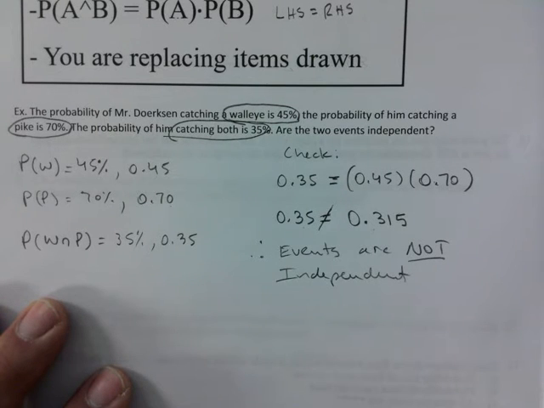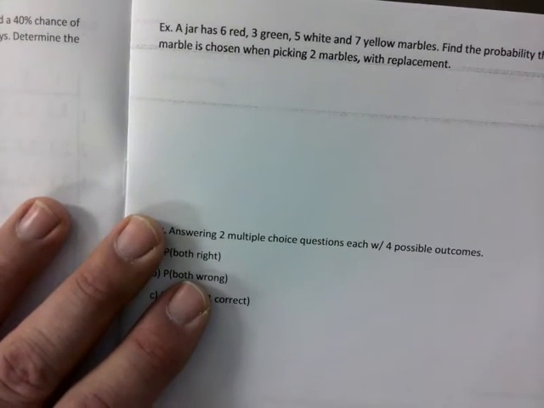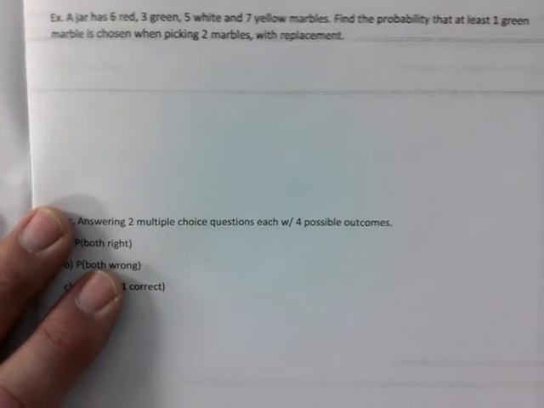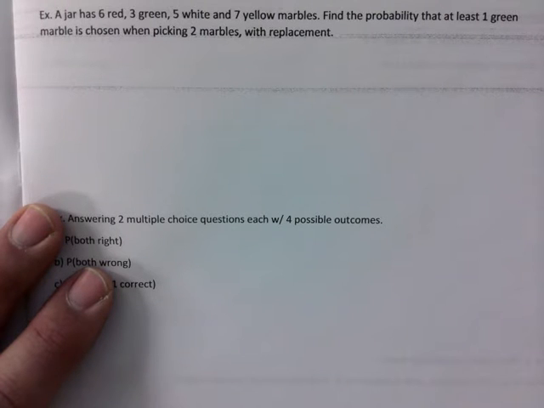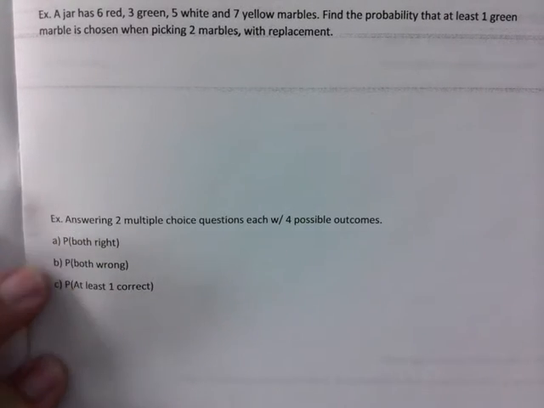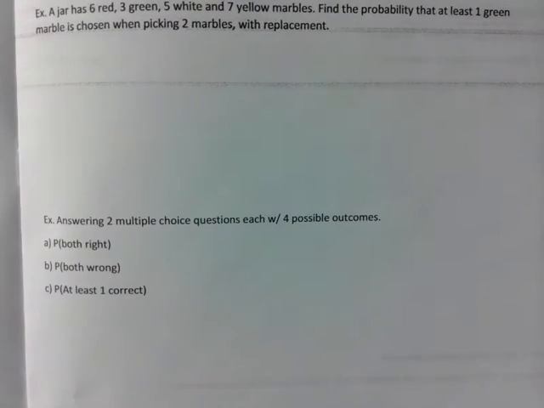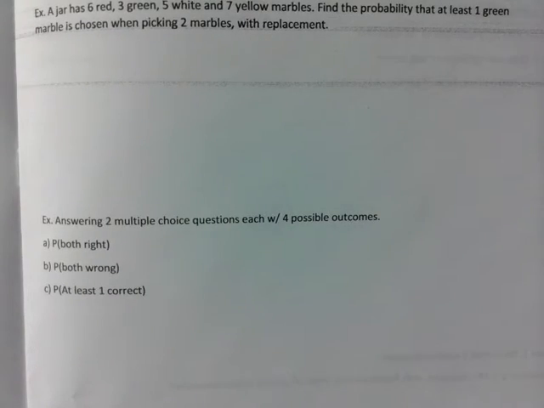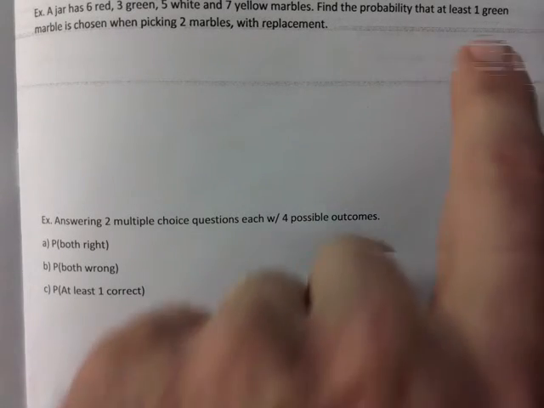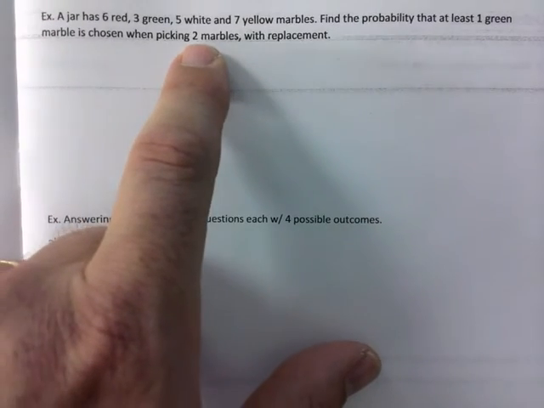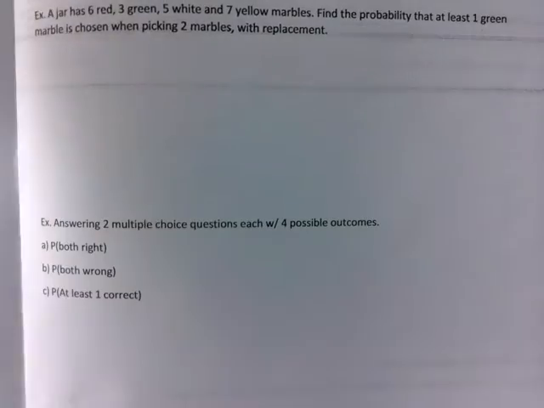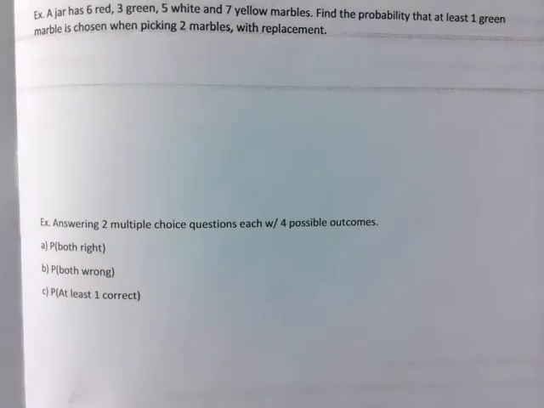Let's keep going. I will take you straight to 47. Page 47, so I'm skipping a few pages. It says, a jar has 6 red, 3 green, 5 white, 7 yellow marbles. Find the probability that at least 1 green marble is chosen when picking 2 marbles with replacement. I'm going to highlight a lot of things here.